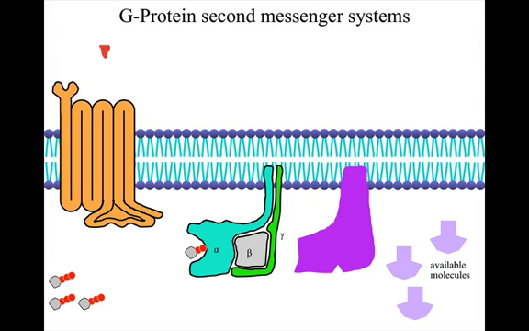This different molecule is called a second messenger. And in this terminology, the external neurotransmitter is the first messenger, carrying information to the neuron, and the second messenger molecule carries the information on within the neuron.